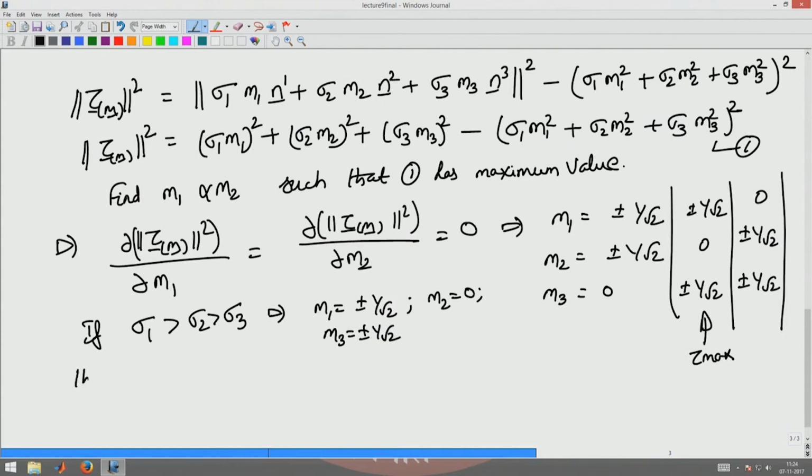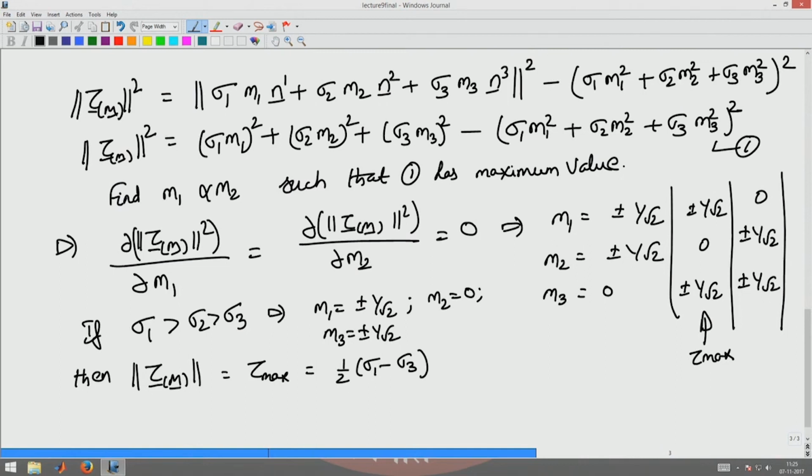Then T_m squared would be equal to tau max, then magnitude of T_m equal to tau max would be 1 half of sigma 1 minus sigma 3.